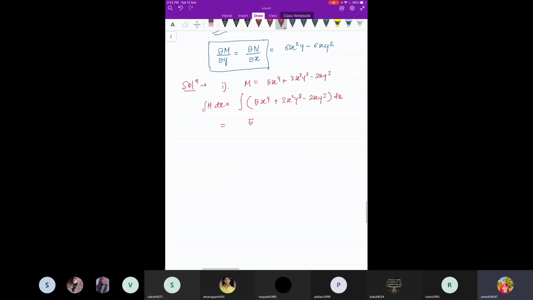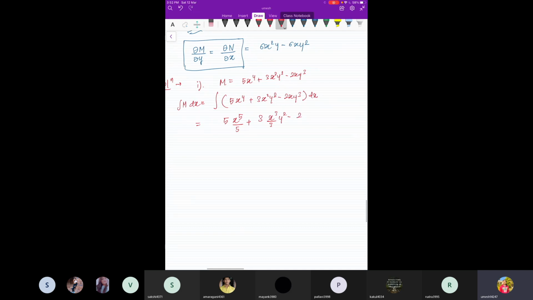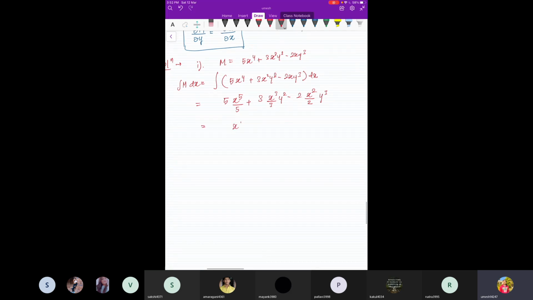So it would be 5 times the integration of x to the power 4, which is x to the power 5 by 5, plus 3 times the integration of x square, x cube by 3, times y square, minus again 2 times the integration of x, which is x square by 2, times y cube. So we'll be getting x to the power 5 plus x cube y square minus x square y cube.